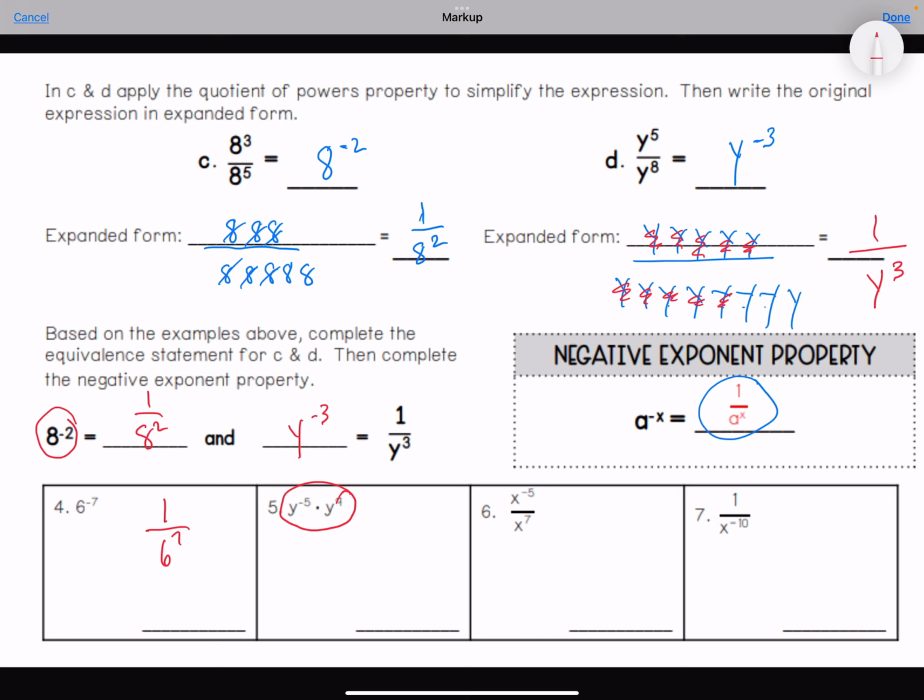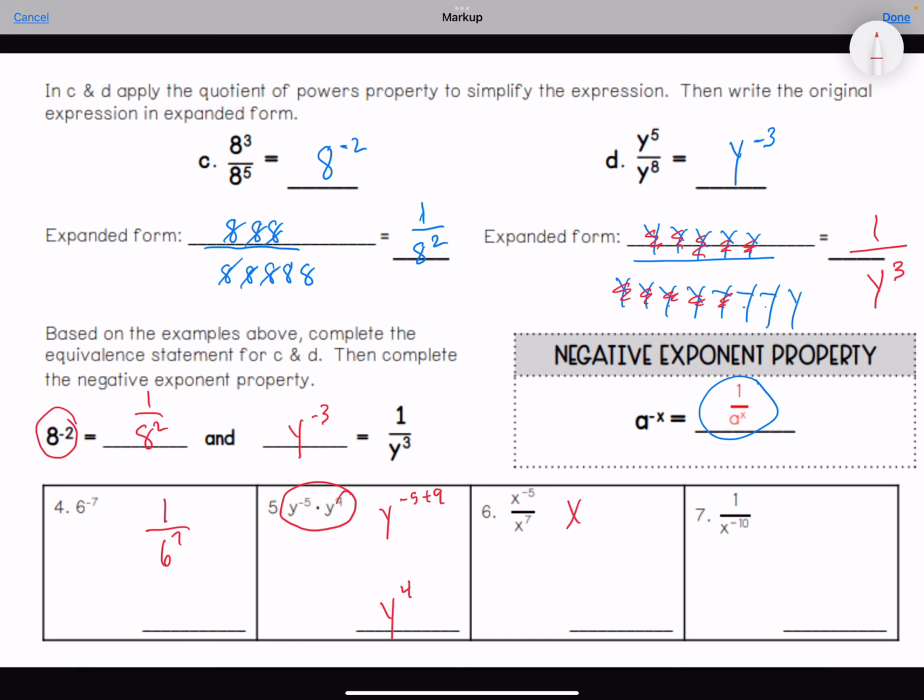Y to the negative 5th times y to the 9th. Because I'm multiplying, I'm going to use my product rule that says I'm going to add. Negative 5 plus 9 is y to the 4th. So for number 6, this is a tricky one.